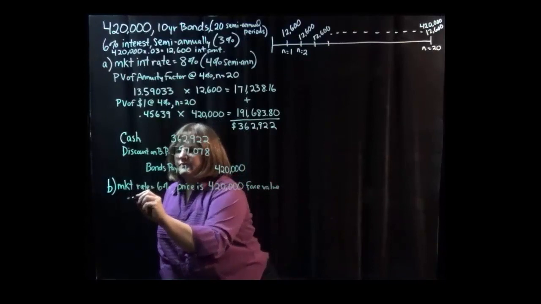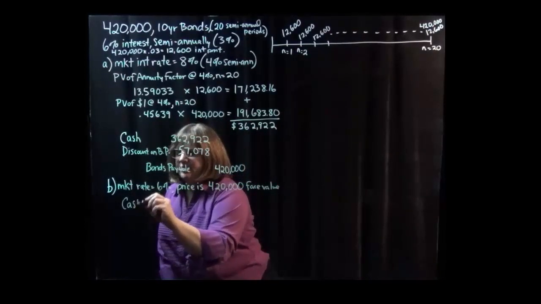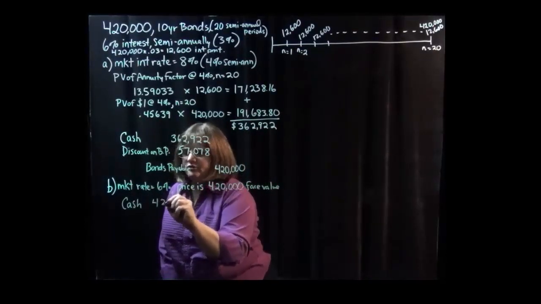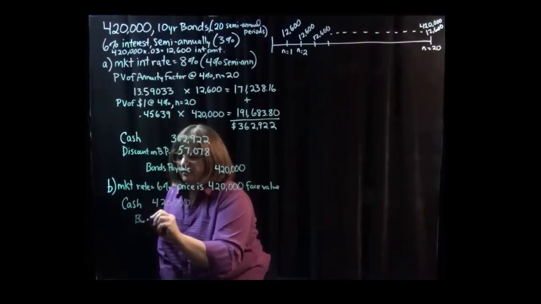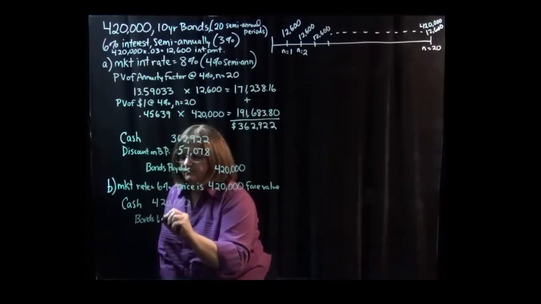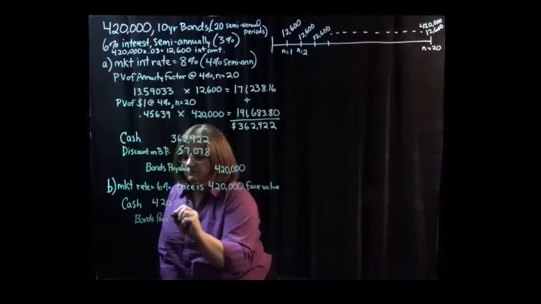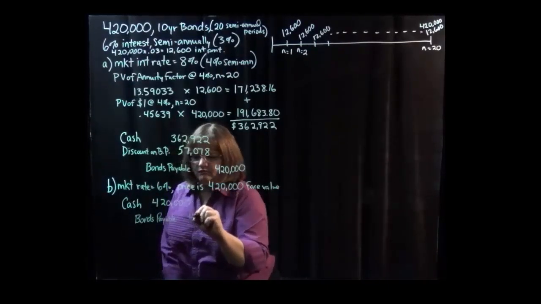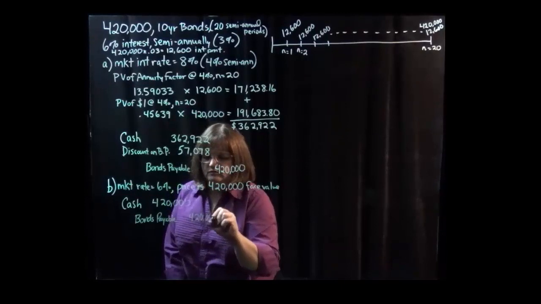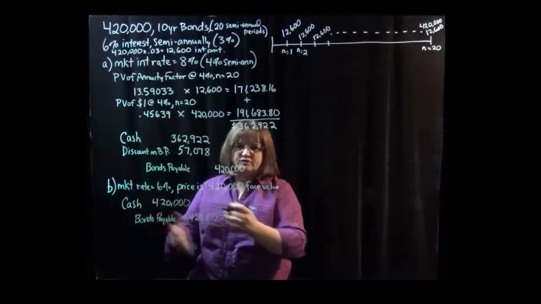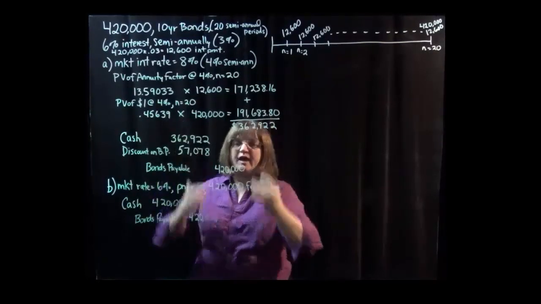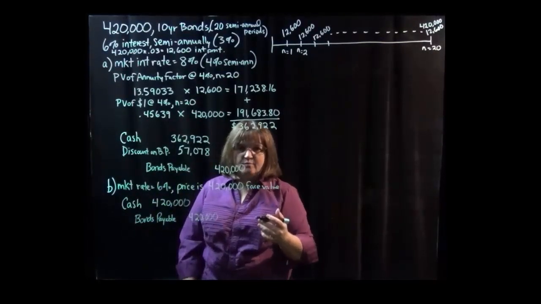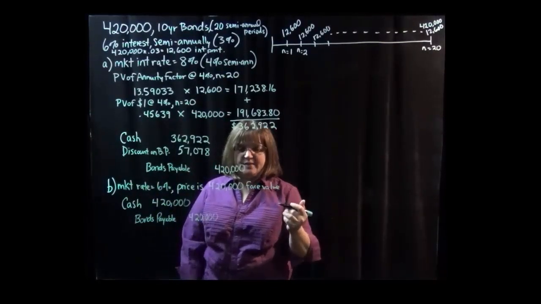The journal entry we would make then would simply be to debit cash for $420,000 and credit bonds payable for $420,000. There is no discount, there is no premium, because the market was willing to pay exactly what we were asking because that was the rate that they were demanding.